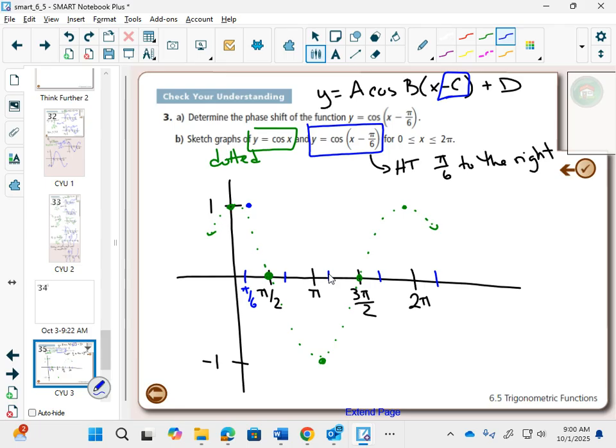This center line point shifted over would be there. This one shifted over would be there. Take each of your points from your green dotted line and shift them over. They don't need to be labeled because you labeled that first mark at pi over 6. And now we just need to draw our graph through each of those.